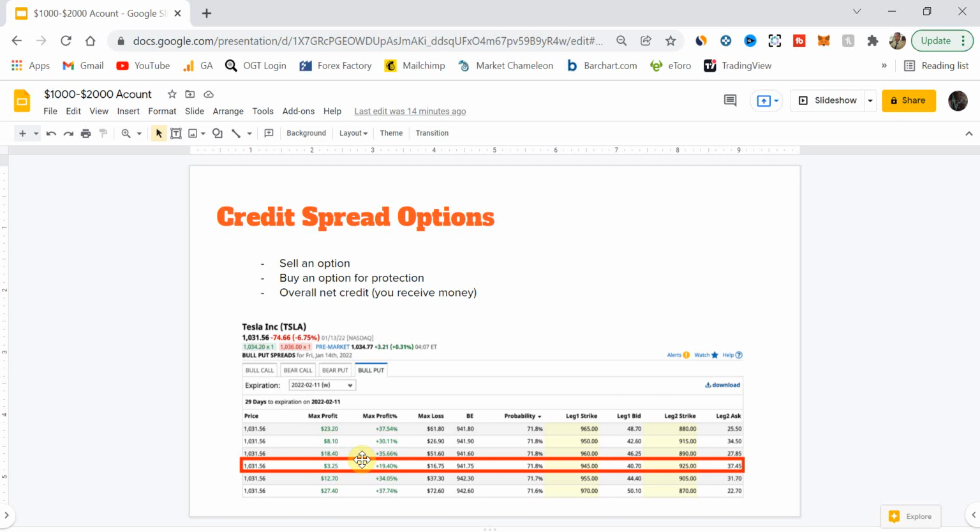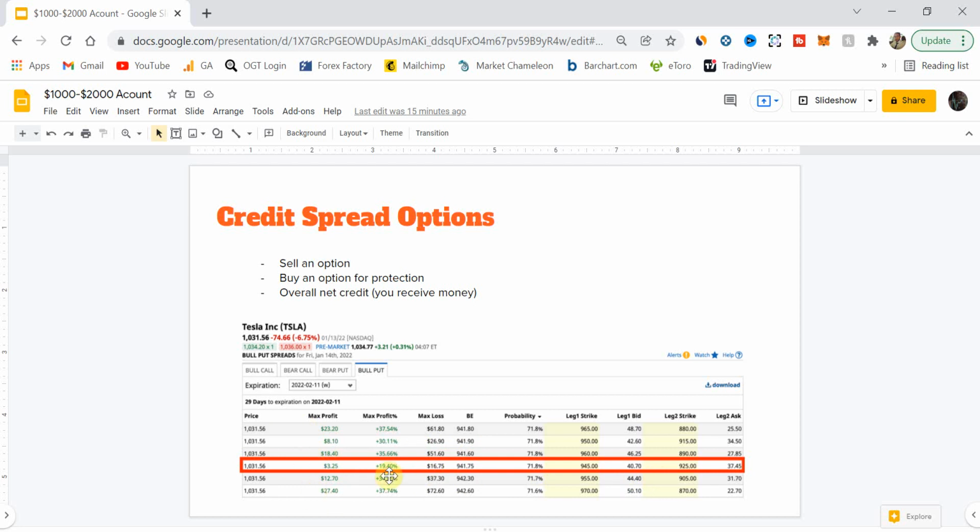So that all sounds really good, but what if Tesla tanks to $700 or something? Then what's the situation? That could happen. And what it's saying here, using statistical distribution and analysis, is that if Tesla closes by expiration below your $925, you lose the whole 1,675, right?